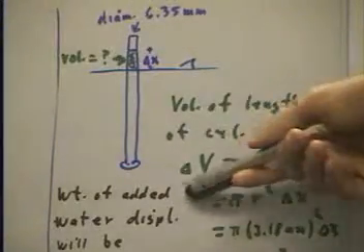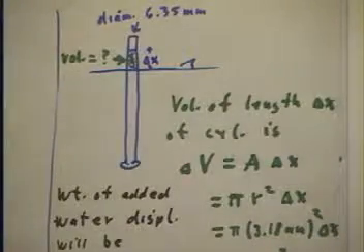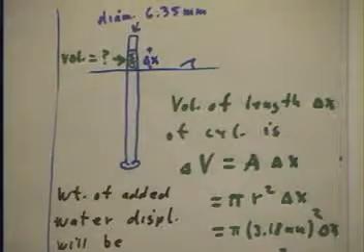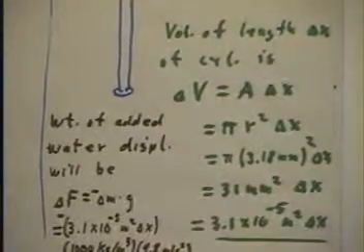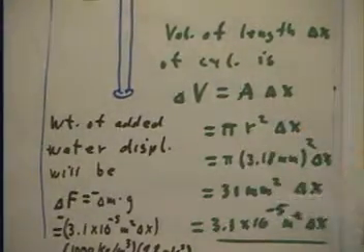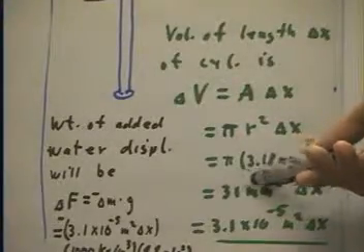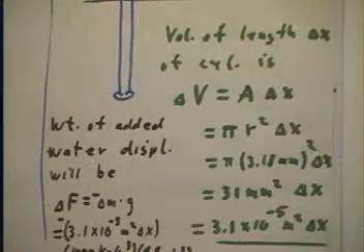Remember that this delta V will tell us how much water gets displaced, which will tell us how much buoyant force we have. We easily calculate delta V from the radius of this thing. The diameter was 6.35 millimeters, so the radius is 3.18 millimeters.